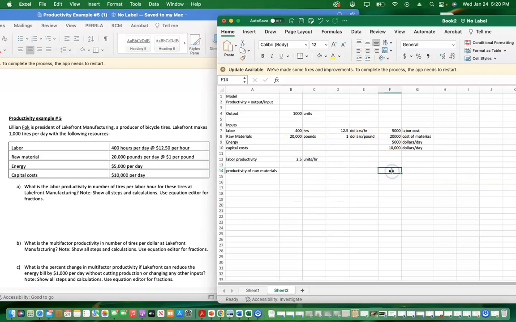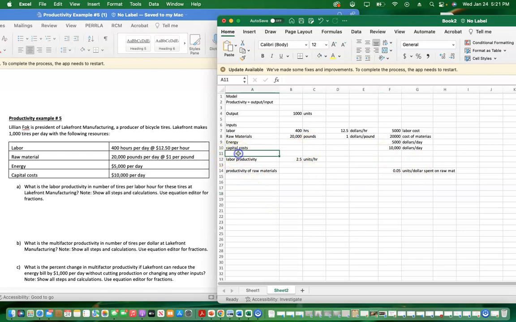So I'm going to put the equal sign, and then I'll click on the output, divide by the cost of raw materials. I'm going to click there and enter. And in this case, you can see that it will be the units produced per dollar spent on the raw materials. So that will be 0.05 units per dollar spent on the raw materials.